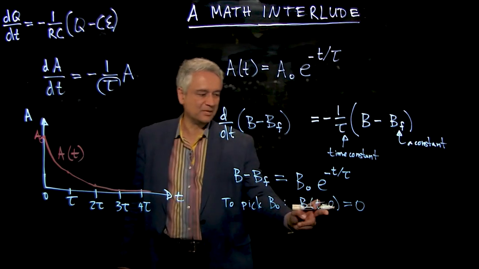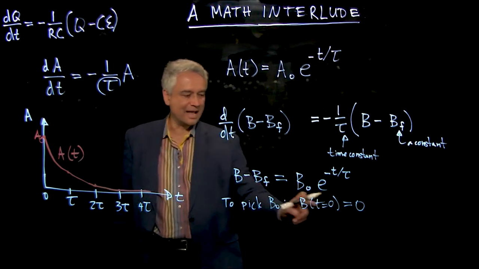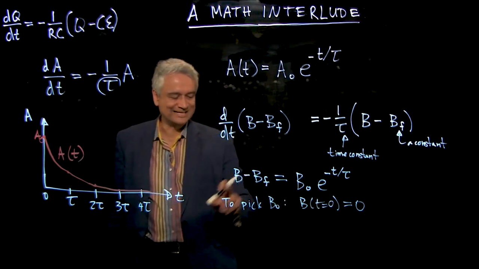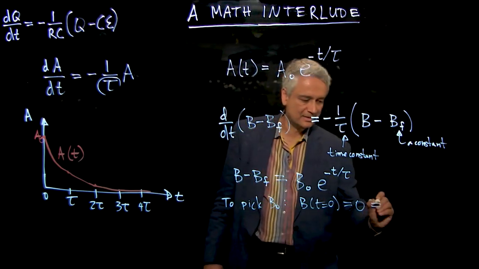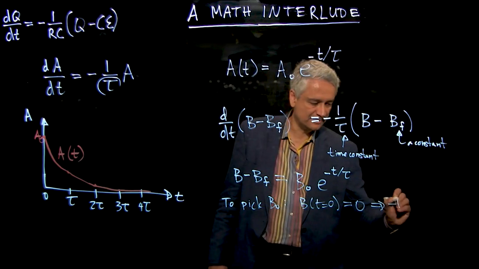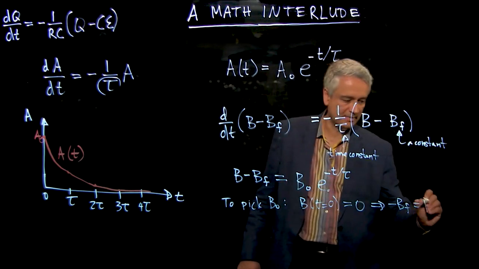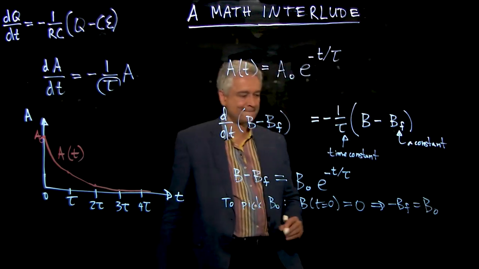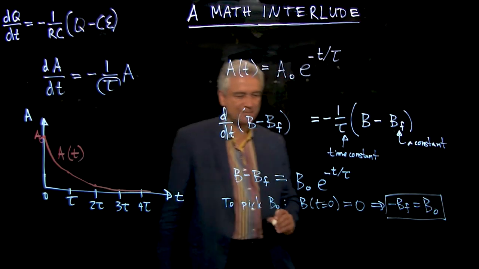That means minus Bf is equal to B naught e to the minus 0, which is just B naught. So I pick B0 to be minus Bf.